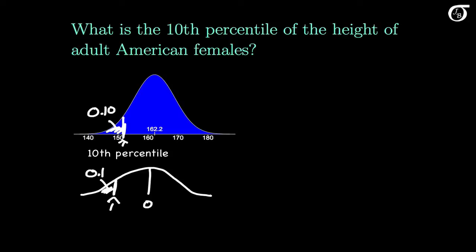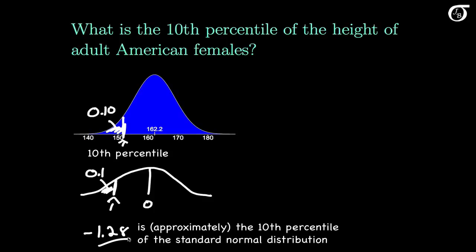And if we go to software or a standard normal table, we can find that this value is approximately minus 1.28. The area to the left of minus 1.28 under a standard normal curve is approximately 0.10. And so minus 1.28 is approximately the 10th percentile of the standard normal distribution.